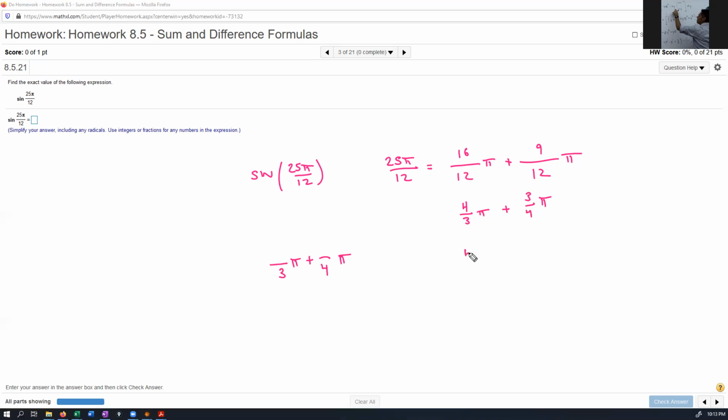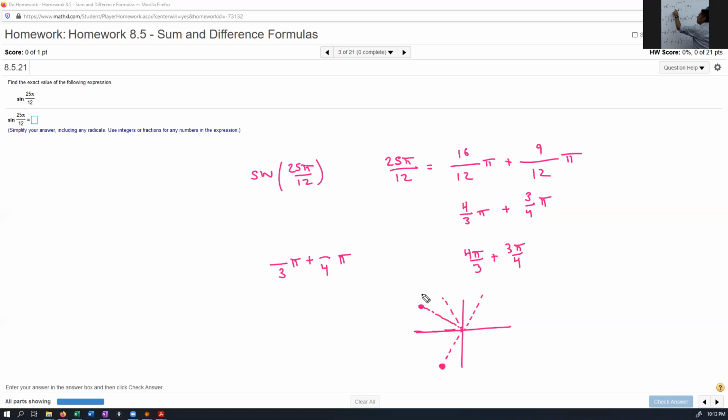So 4 pi over 3 plus 3 pi over 4. Let's see where those are. 4 pi over 3: count by pi over 3, 1, 2, 3, 4. There's 4 pi over 3. And the other one is 3 pi over 4, which is this way right here. Those are our two angles.